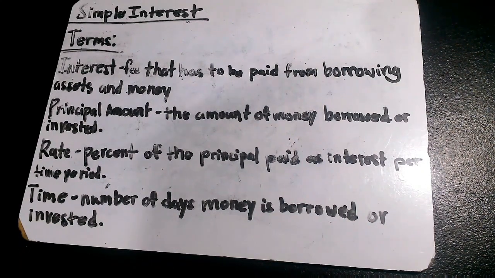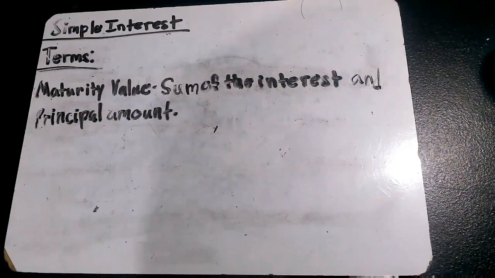Principal amount is the amount of money borrowed or invested. Rate is the percent of the principal paid as interest per time period. Time is the number of days money is borrowed or invested. Maturity value is the sum of the interest and the principal amount.